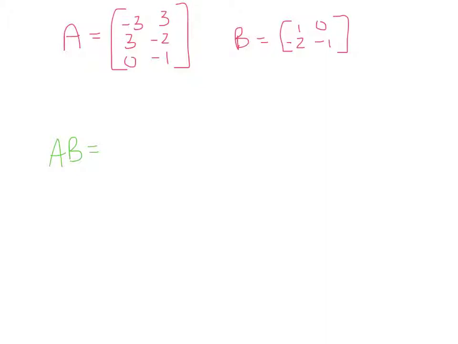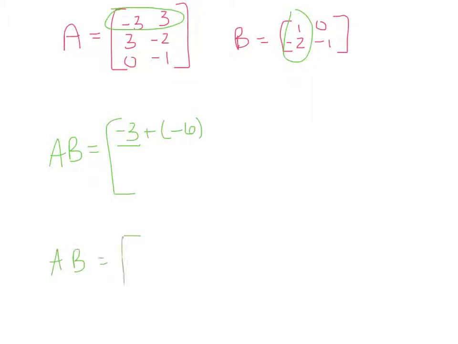And so my first row, first column entry is going to be the first row times the first column. So -3 times 1 is -3, plus 3 times -2 is -6. And that then gives us -9.